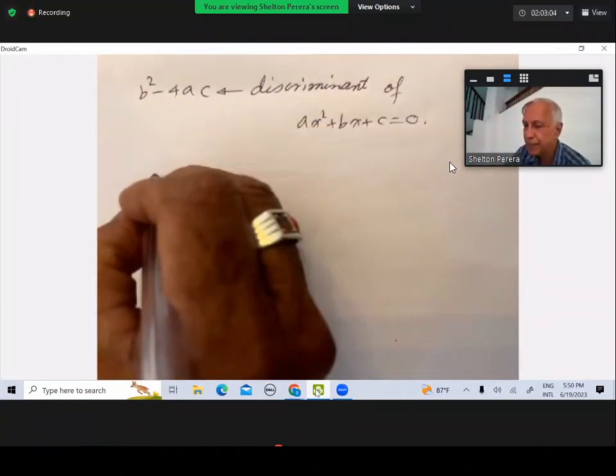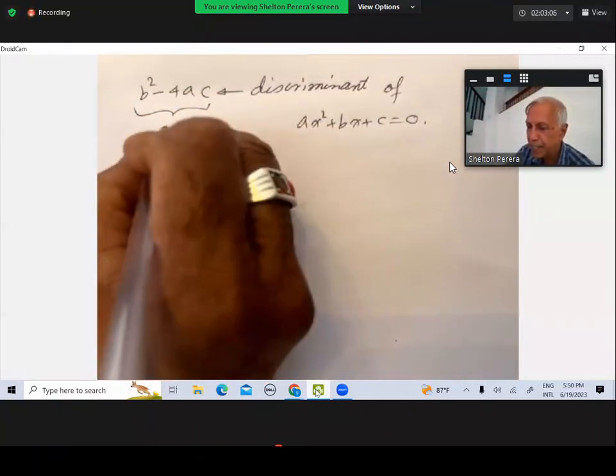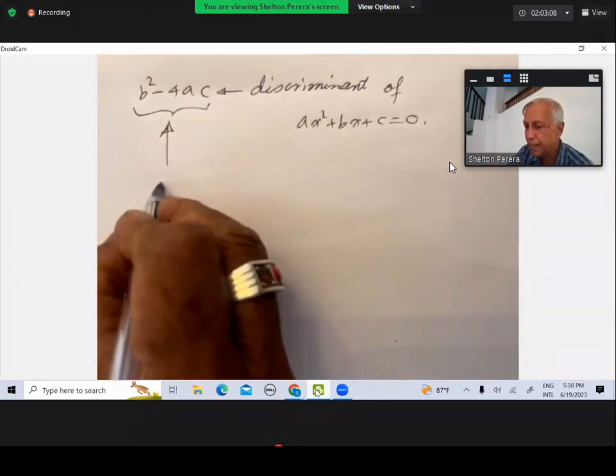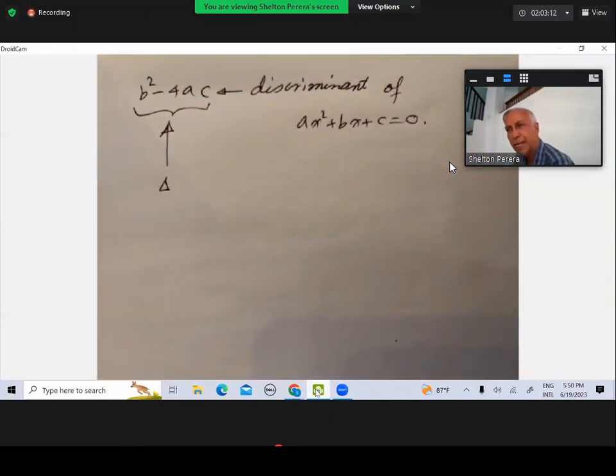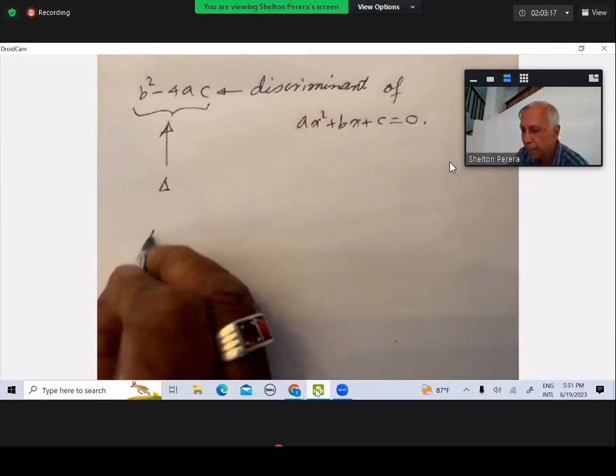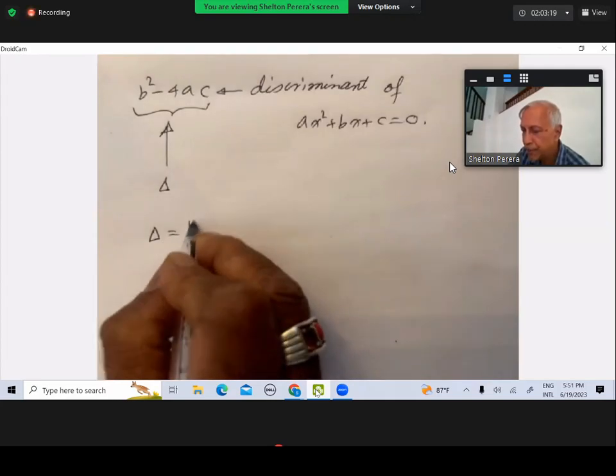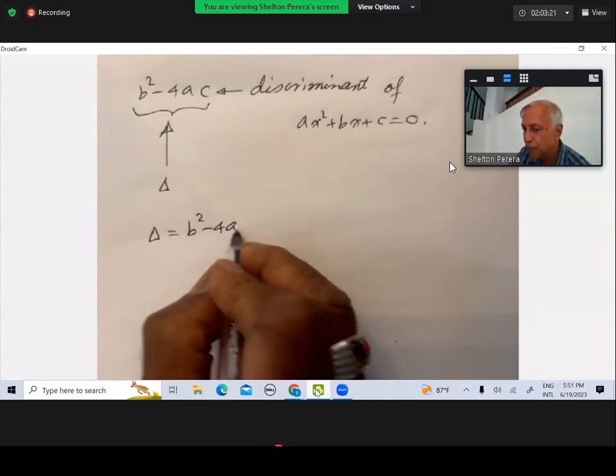The notation for discriminant is capital delta, a Greek letter, like a triangle. Delta equals b squared minus 4ac.